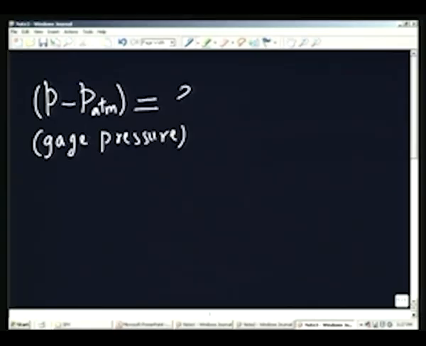rho m minus rho air, or rho fluid in general, multiplied by the gravitational constant G, multiplied by the reading. There are two factors inside this.